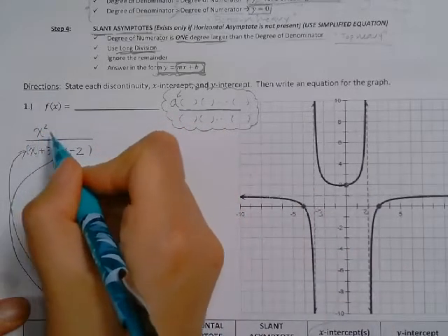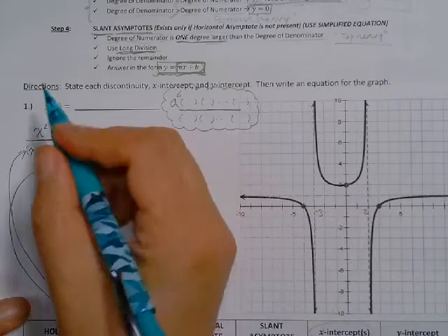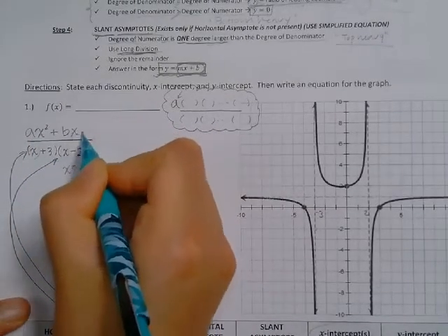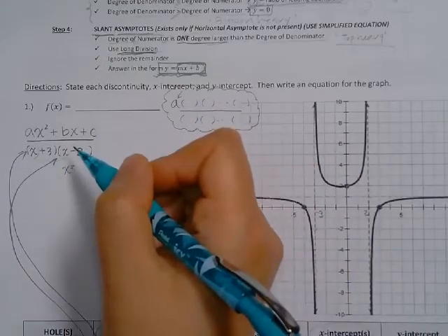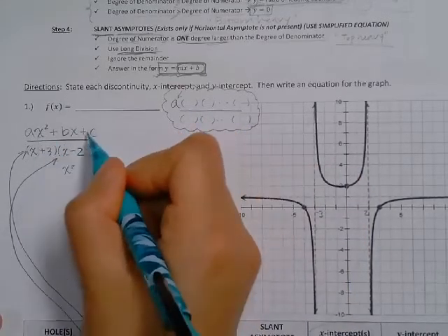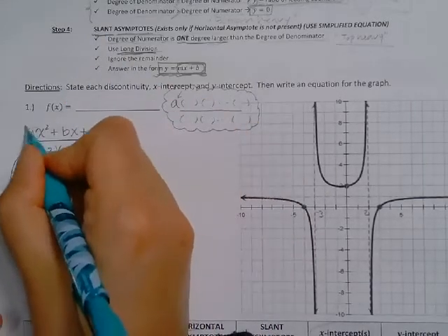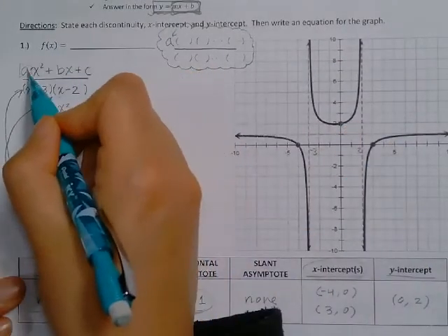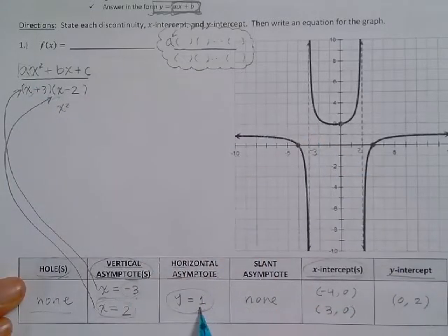Then I can write a typical quadratic, ax squared plus bx plus c, because we verified the highest degree on top is 2. We already observed the ratio of leading coefficient top over leading coefficient bottom should make 1.